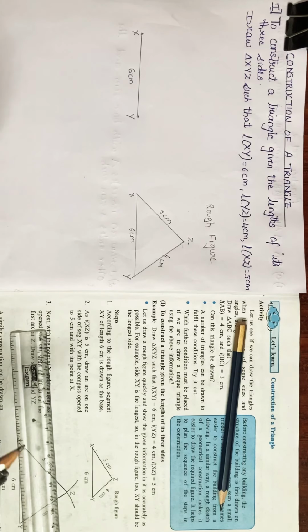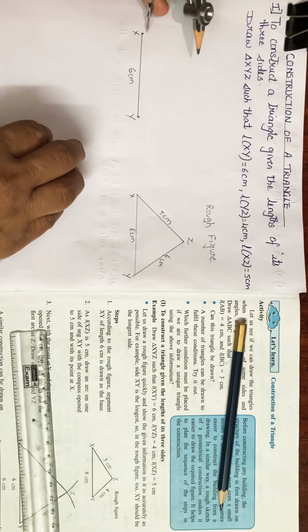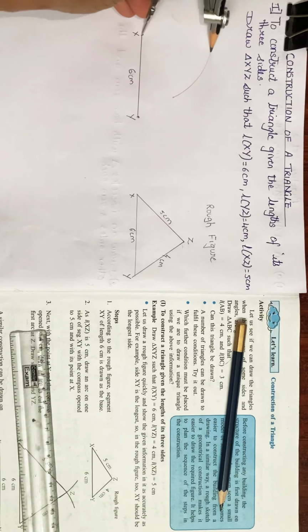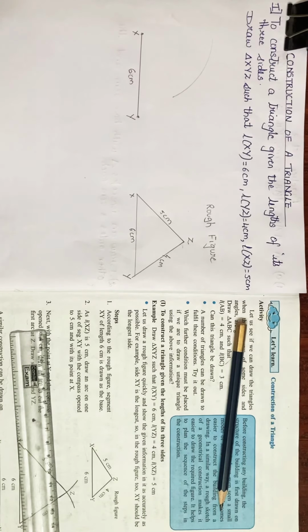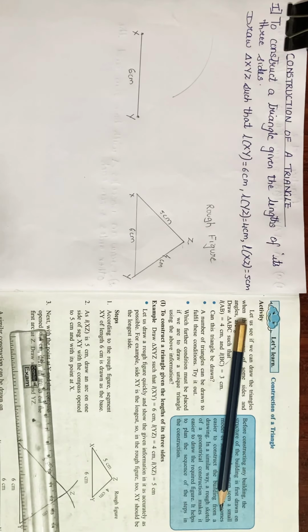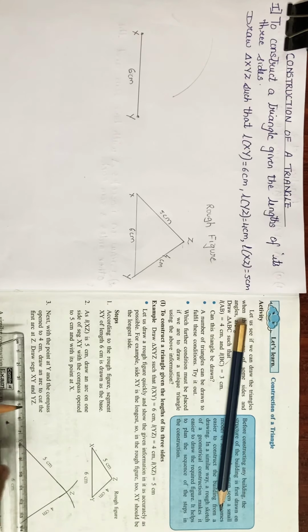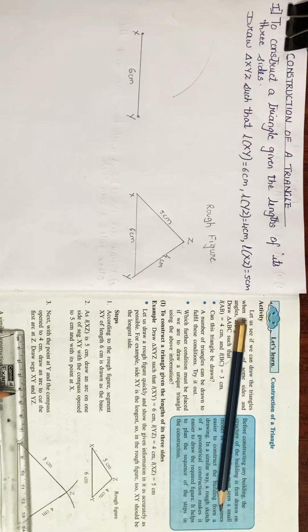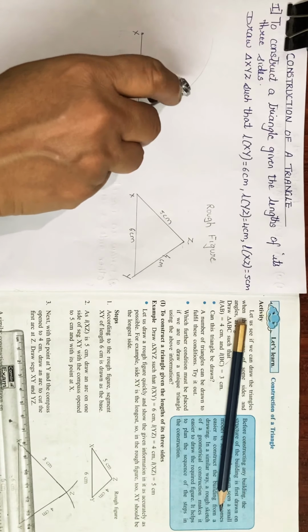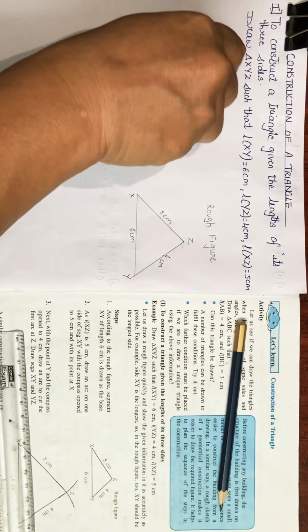Take this measurement, then keep the pointer on X and draw an arc here. You can see the arc, right? Now again, ZY is 4 centimeters, so again we'll take the measurement on the scale, 4 centimeters. See, 0 and 4. Yes. So again keep the pointer on Y and cut the first arc.